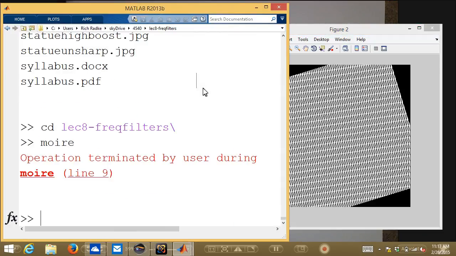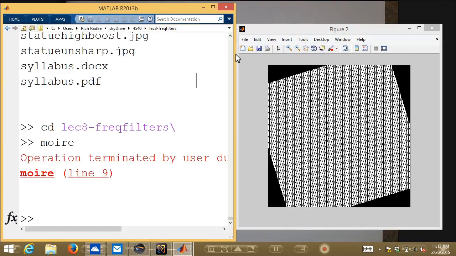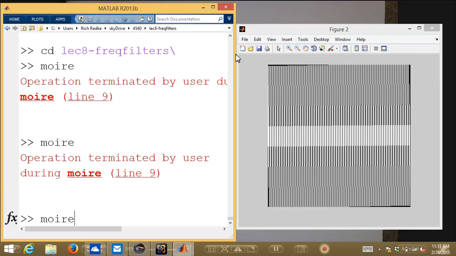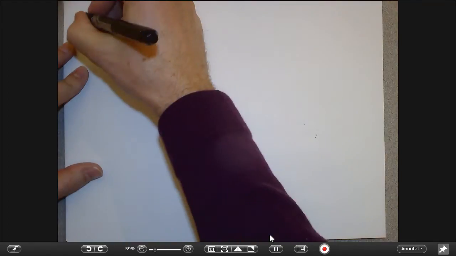So what you're going to see here is some lines that are the same distance apart. Okay, so initially, maybe I should actually introduce this with paper and pencil first. So Moire patterns.